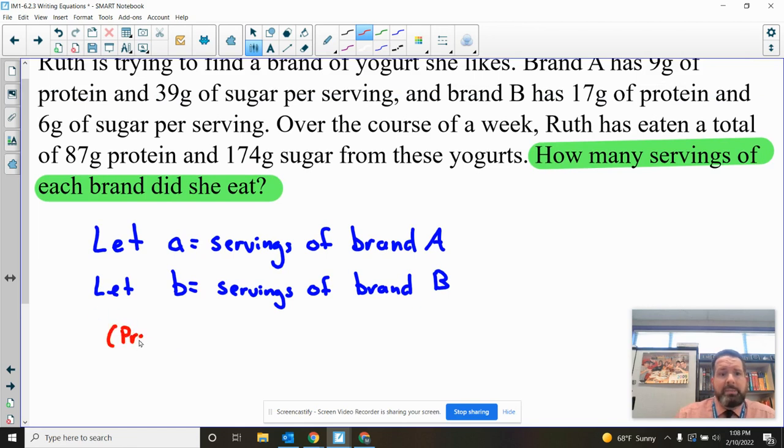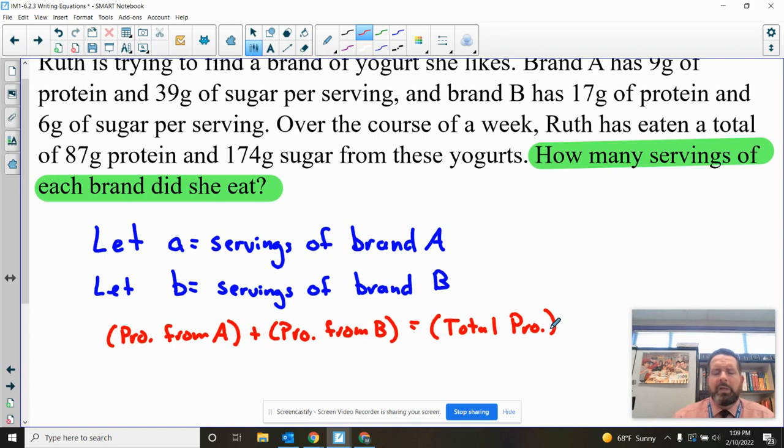The protein, I'm going to abbreviate that as pro, from brand A plus the protein from brand B is equal to the total protein. I hope that makes some sense, right? Because you've got protein coming from two places. So the A protein plus the B protein together gives you the total protein.